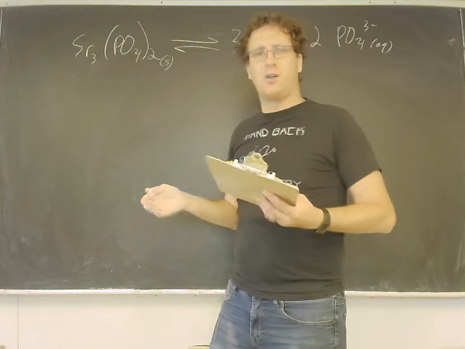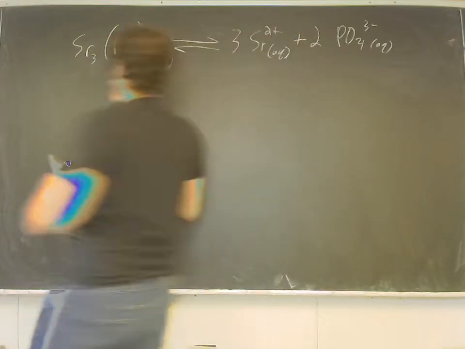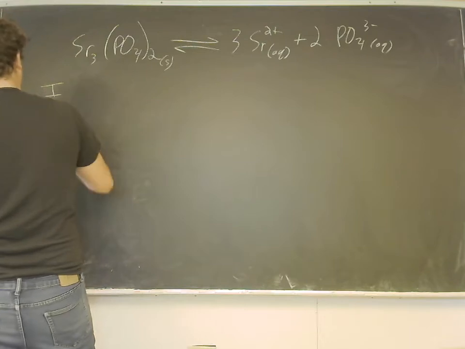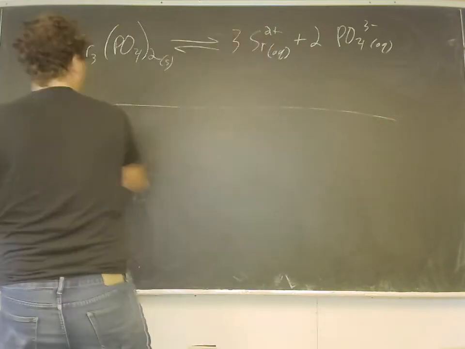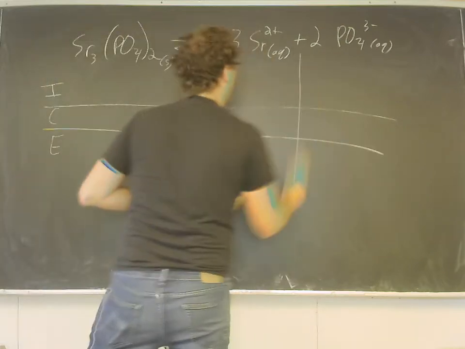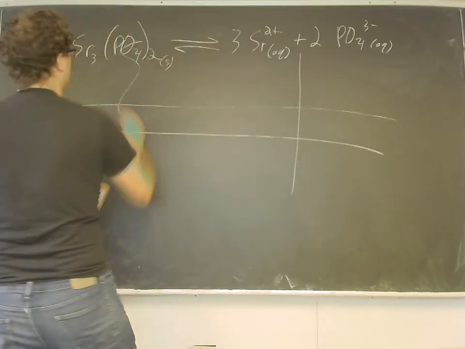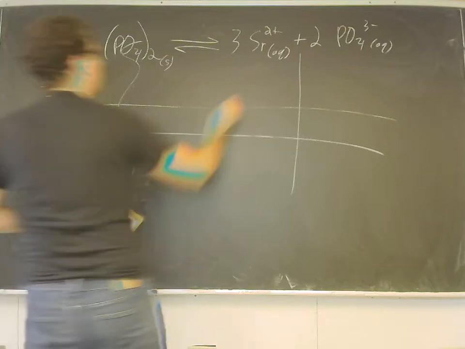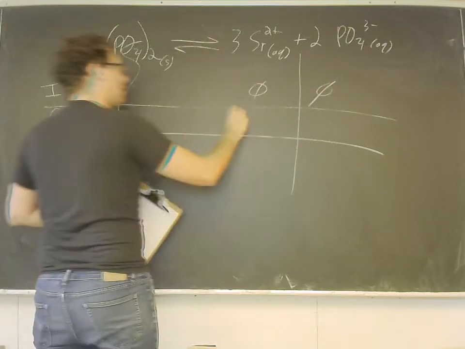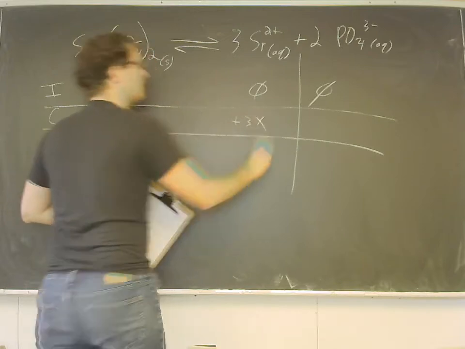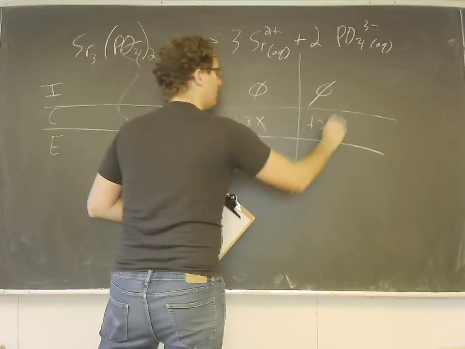This will be the last ice table we do because they all follow a simple pattern. Let's do the full ice table. We don't actually care about the solid, right? So we'll start with 0 and 0. Now what will the change be? Plus 3x, plus 2x.